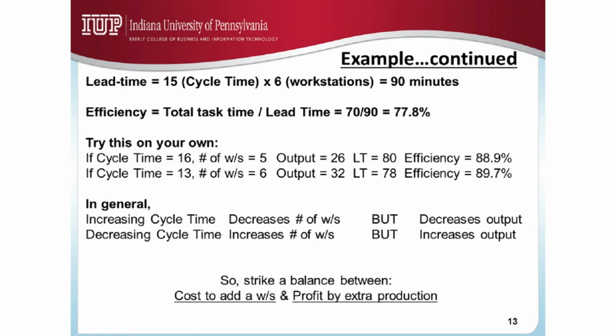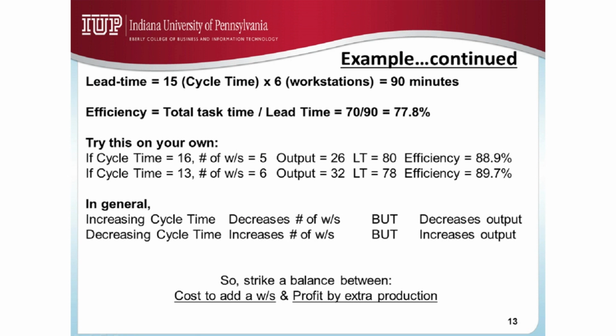If you recall, the desired output rate was 140 per week. So by increasing the cycle time, you reduce the workstations, potentially reduce the number of workers, but you also reduce your output. Is that acceptable? You have to decide. The lead time becomes 80 because it is 16 times 5, and the efficiency is 89%, pretty decent.